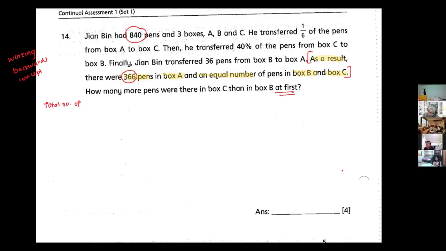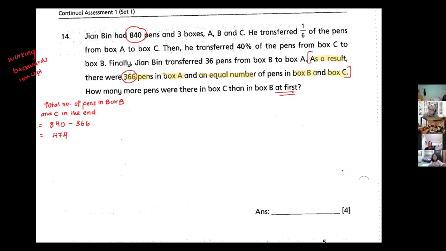Total number of pens in box B and C in the end equals, I take my 840 total, take away my 366, equals 474.